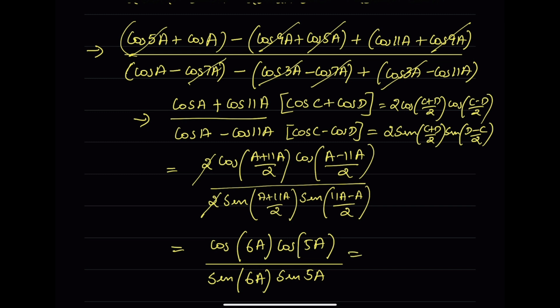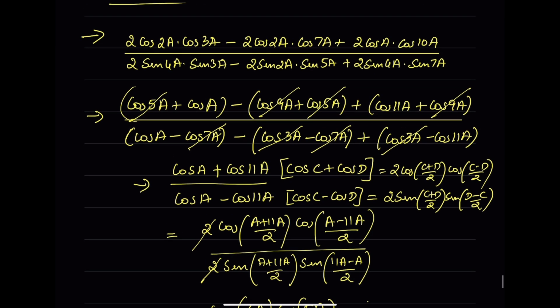Okay, so this is nothing but cos by sine. It is cot 6a, and again the next variable is cos 5a by sine 5a, which is cotangent of 5a. So this is how we can apply two versions of the formula.